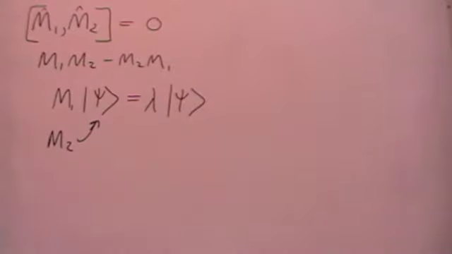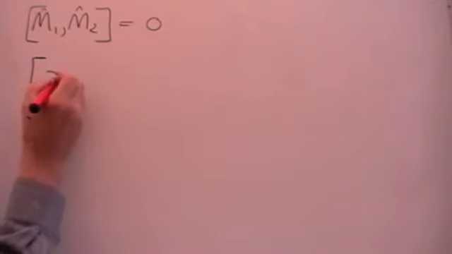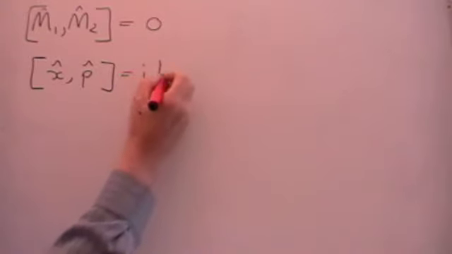That is why we showed last time that the commutator needed to be equal to 0. We also showed that the commutator of the position operator and the momentum operator is equal to i h-bar, which significantly does not equal 0. And that's the reason that you can't measure position and momentum at the same time.